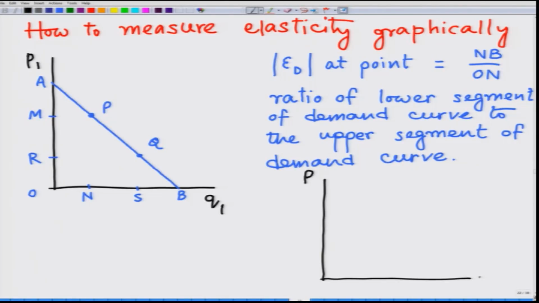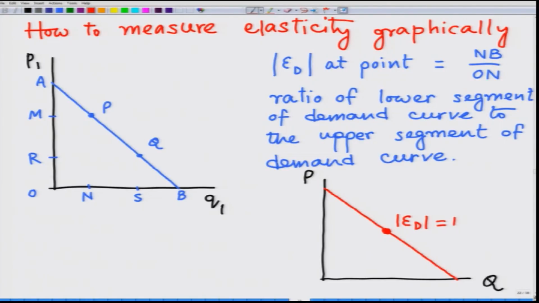So, in a very general case, when we have a general demand function like this in the PQ plane, the exact midpoint of this straight line demand function is where the elasticity value will be exactly equal to 1.